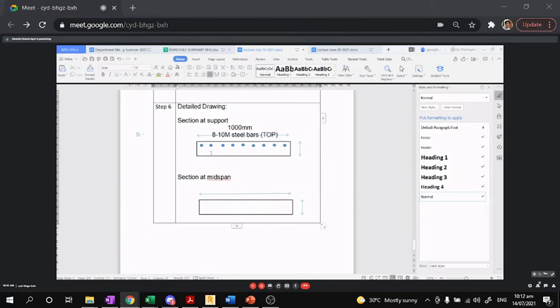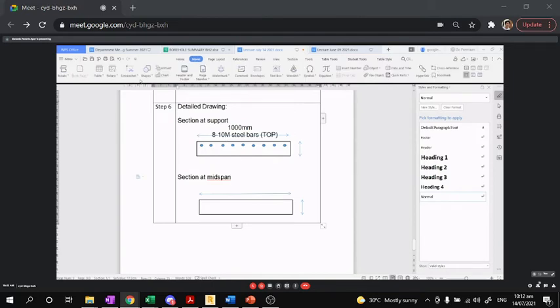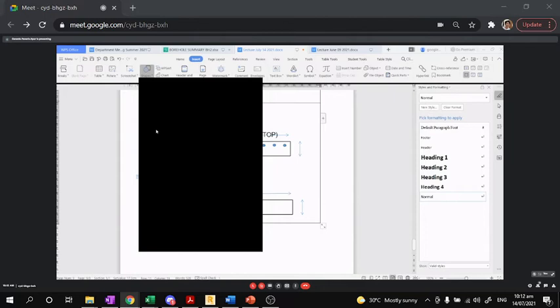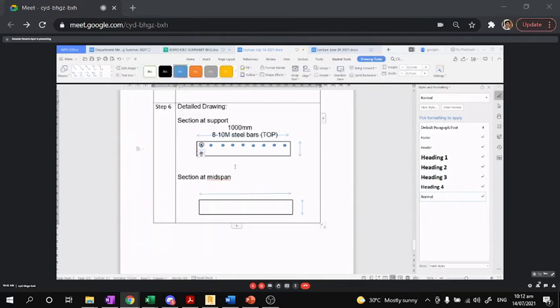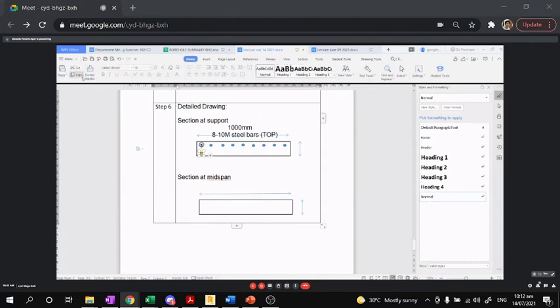Okay. And then, I just use another insert here. Even though I have not made the computation, I will not forget it. I will call it compressive reinforcement. Compressive reinforcement.